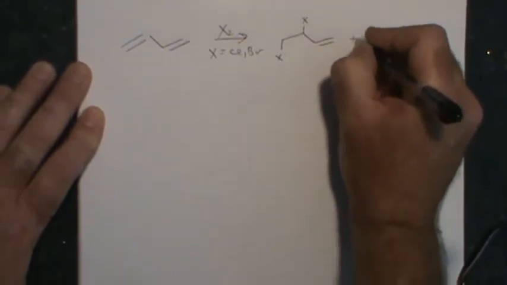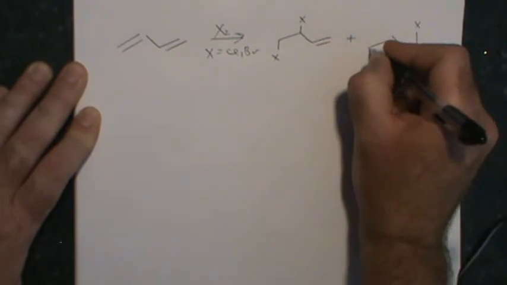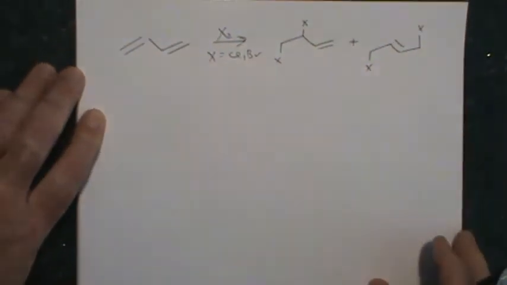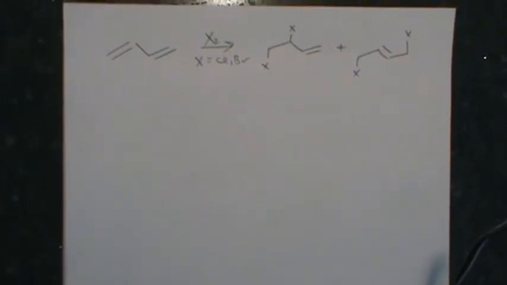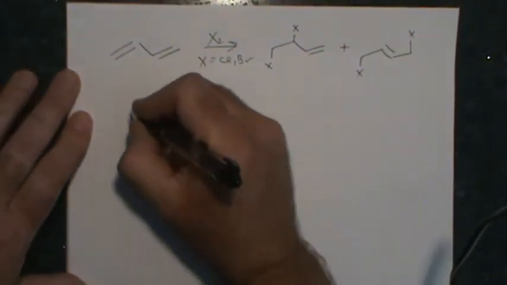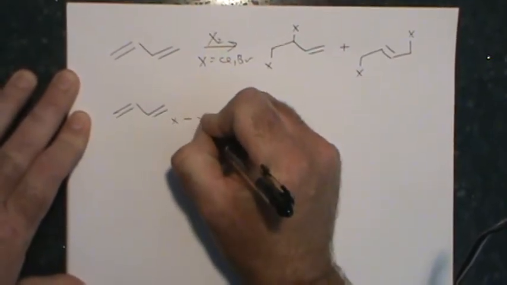But as it turns out, we'll also produce a second product which would look like this. And the question is, how does this come about? This one's more or less the same story that we saw in the previous reaction.